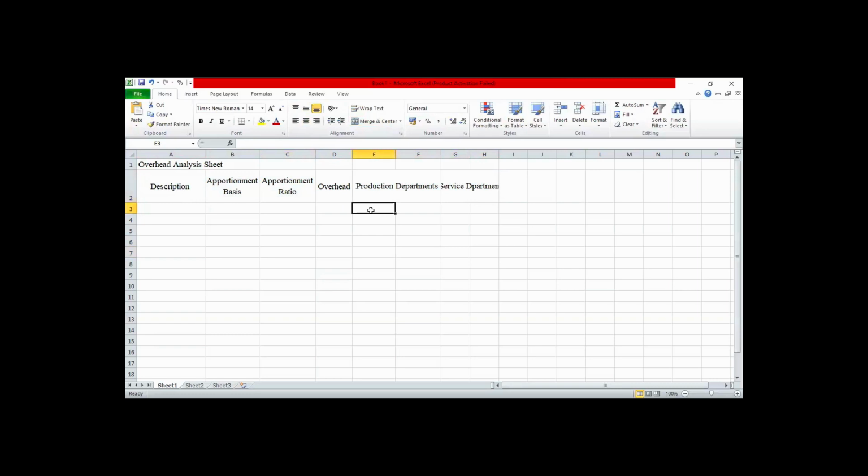The first one here is the department. We have machining, we have assembly, we have repairs and quality control. Then we put them here.